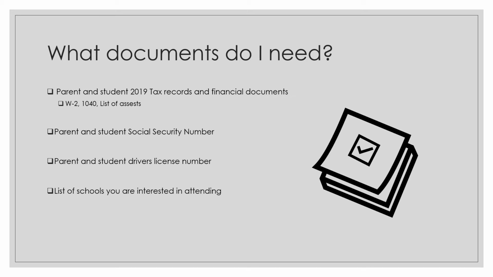So let's say the first time you submitted your FAFSA application, you sent it to college A, B, and C, and you want to also send to college D. Whenever you make the change to resubmit the FAFSA, you're going to delete college A, B, and C, and then on that list, it would only say college D that you would send the FAFSA to.